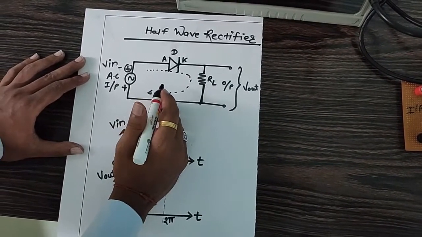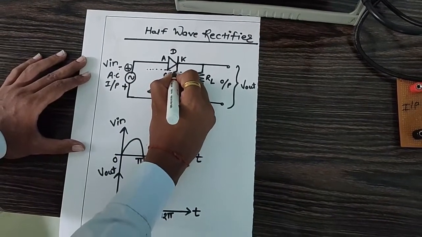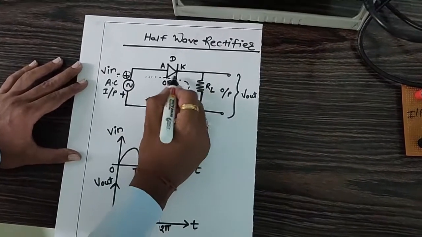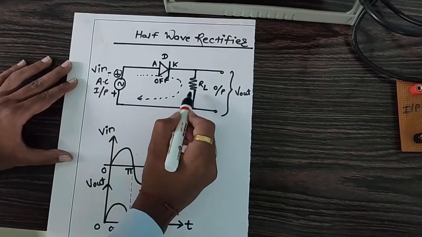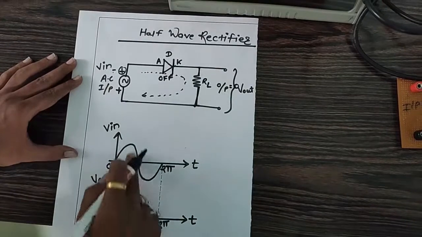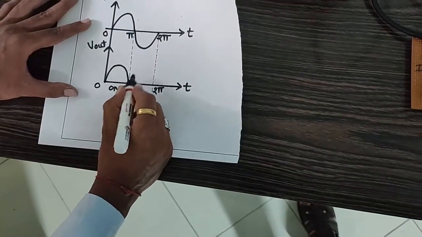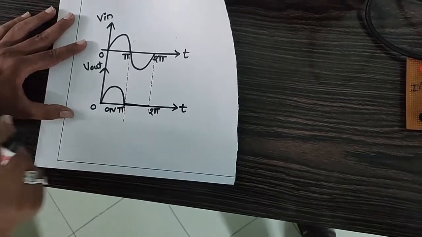When your diode is in reverse bias condition, then it will act as an off switch or open switch, and as your diode is acting as an open switch, no current will flow through the diode, so your output voltage will be equal to 0 for the next condition, that is from pi to 2 pi. So in your output waveform, from pi to 2 pi, the output voltage will be equal to 0.